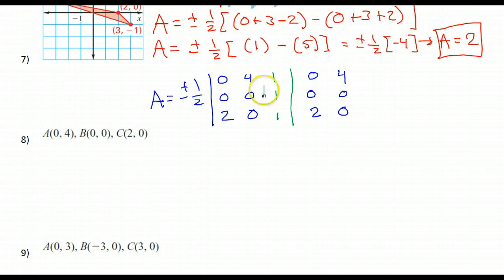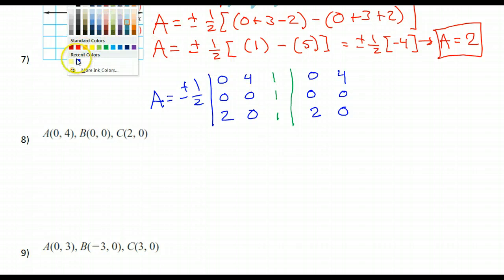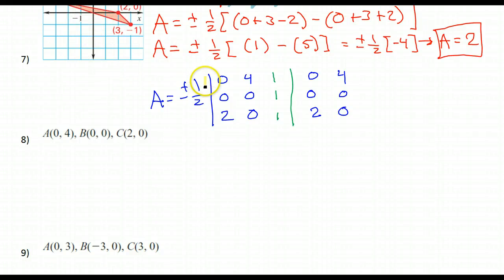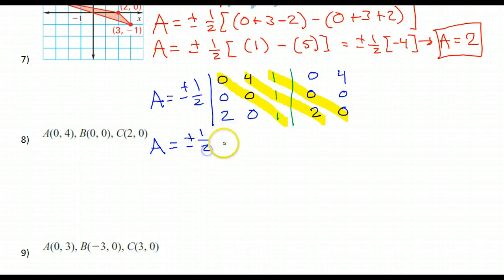So to do this determinant, I need to do the down diagonals minus the up diagonals. So here are the down diagonals. Okay, so that's 0, positive 8, and 0, minus the up diagonals.